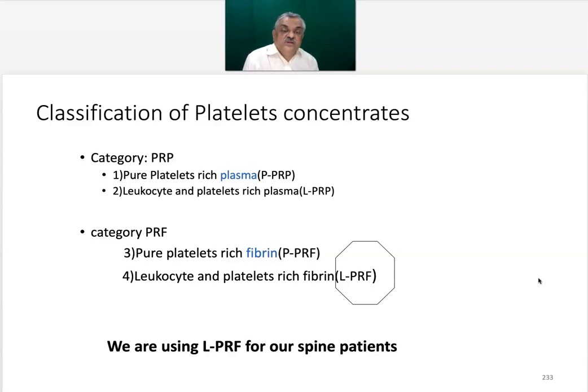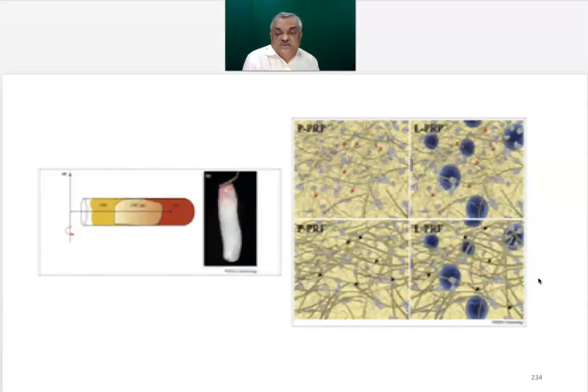We use leukocyte platelet-rich fibrin plug or LPRF. What we see here, the yellow is the plug, red is the RBCs, this is the buffy coat, and this is PPRP, and this is PPRF, more fibrinogen, and this is LPRF with the cells, the platelets.